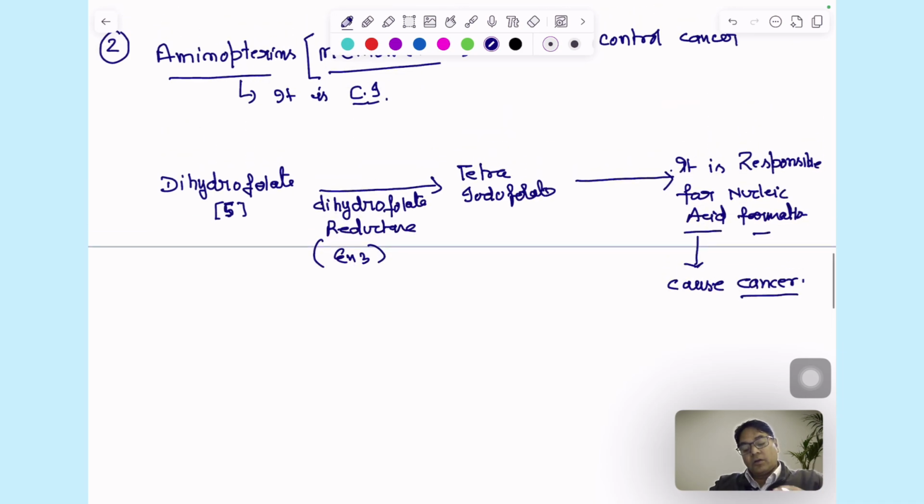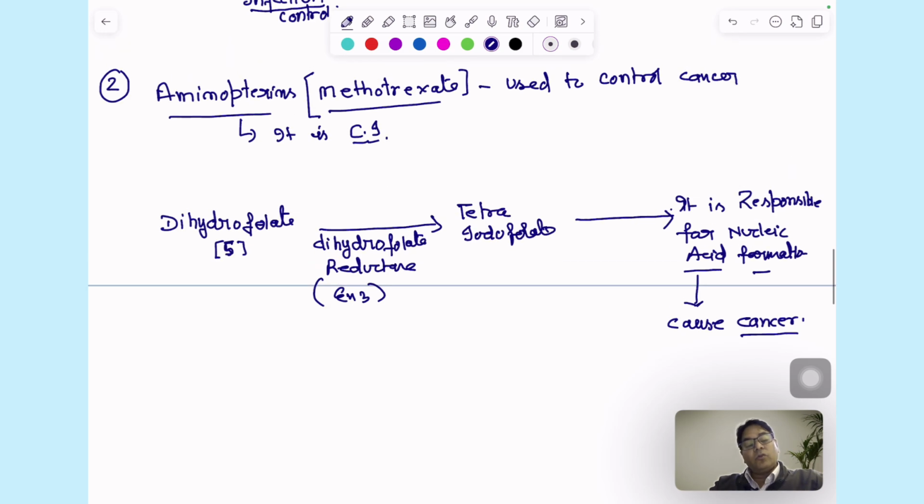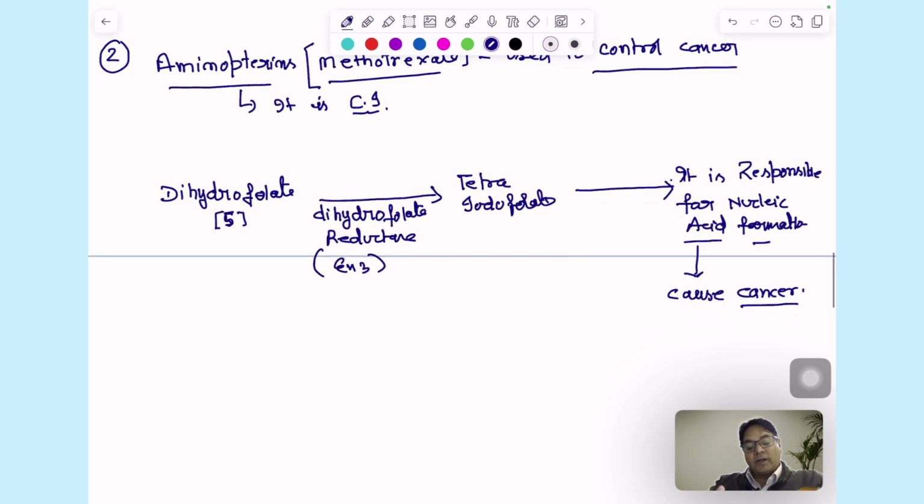Now how do we control this cancer? By this methotrexate, we can do that. These aminopterins actually block this enzyme.